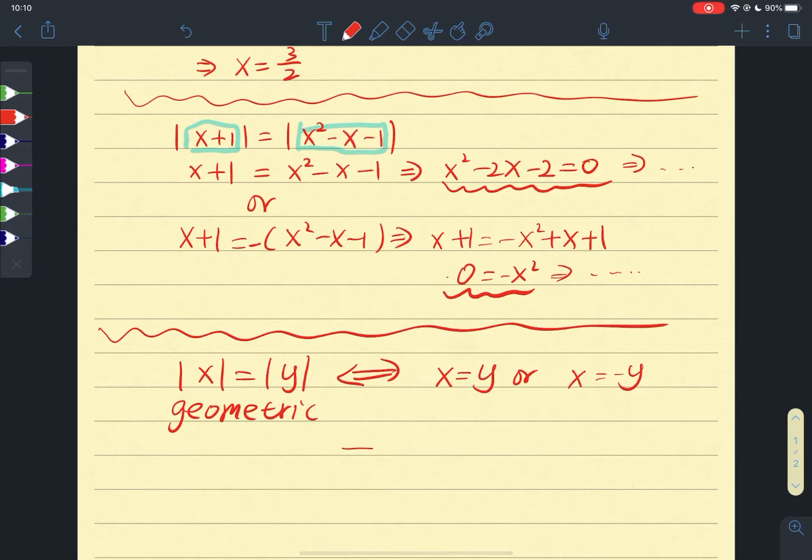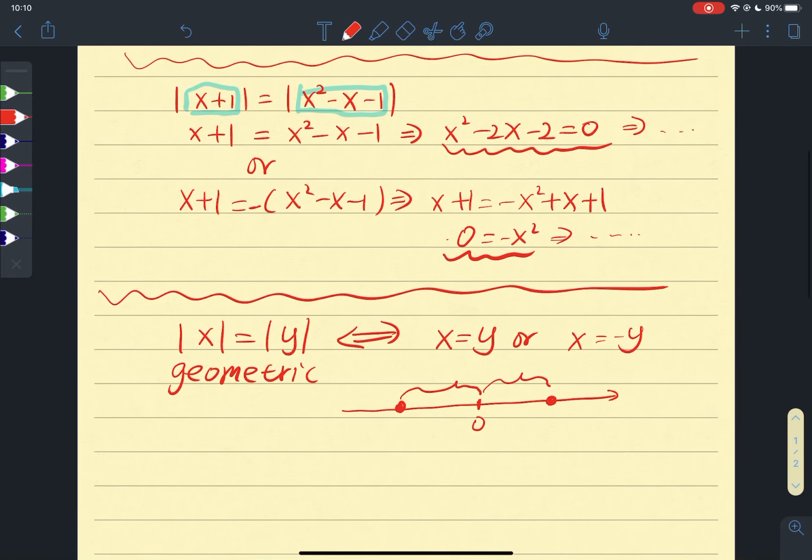So absolute value of x, absolute value of y, both talk about how far away they are from the origin, from the point of 0. If they are the same distance away from the same point, 0, they are either identical to each other or they are on two different opposite sides of the origin. Therefore, the only difference is the sign. So that's why this is true.